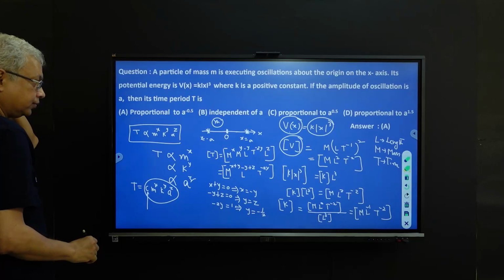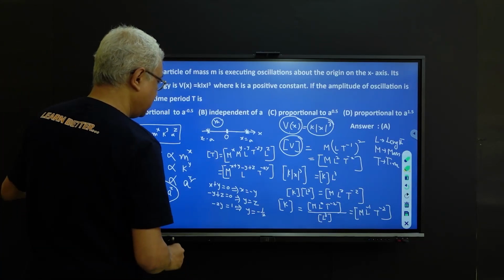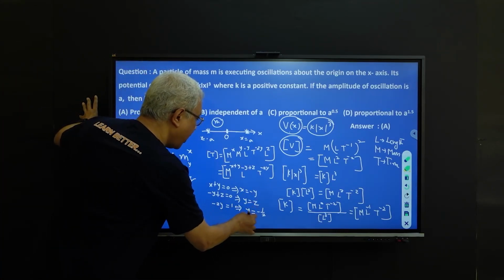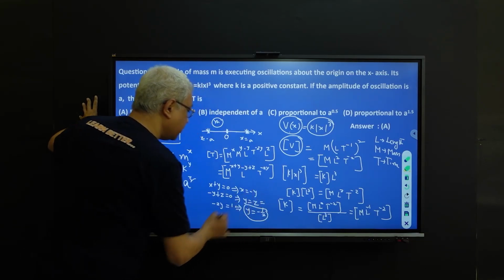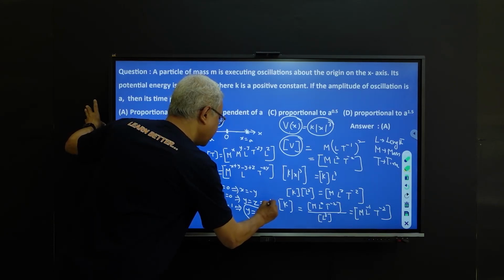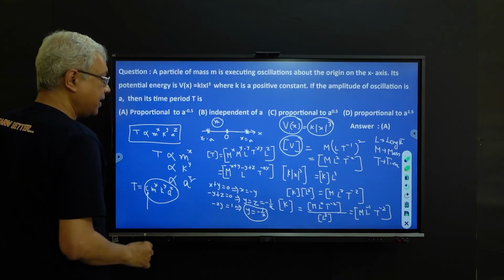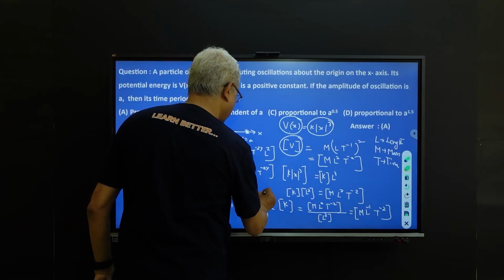Okay. Then z, since y is minus half, which we have already found, z must be equal to again minus half, and x must be equal to half.